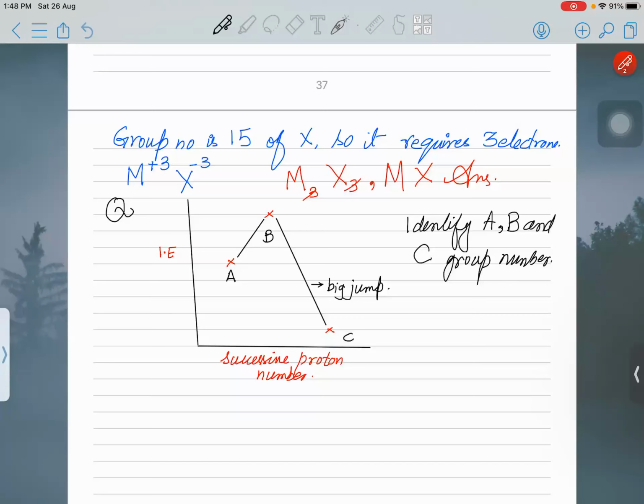Okay, so A is... A has one electron, right? So it's going to be in group 1.